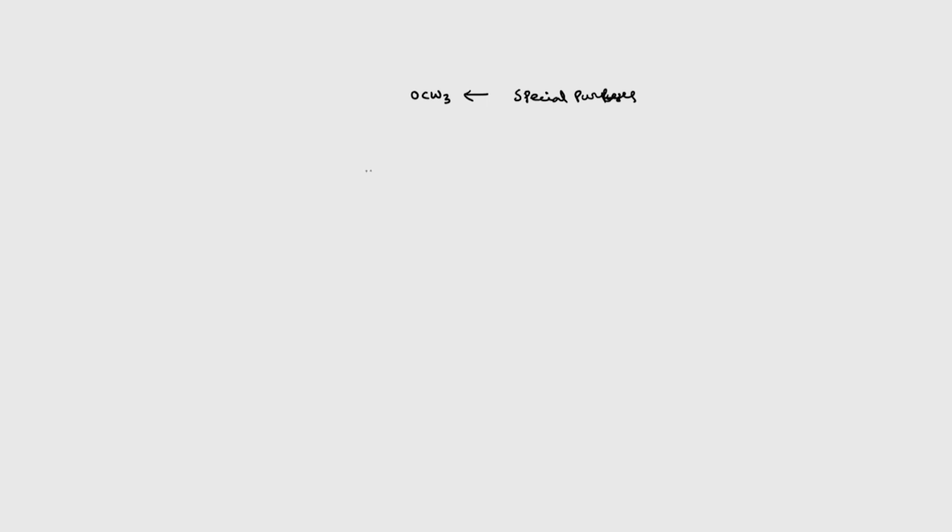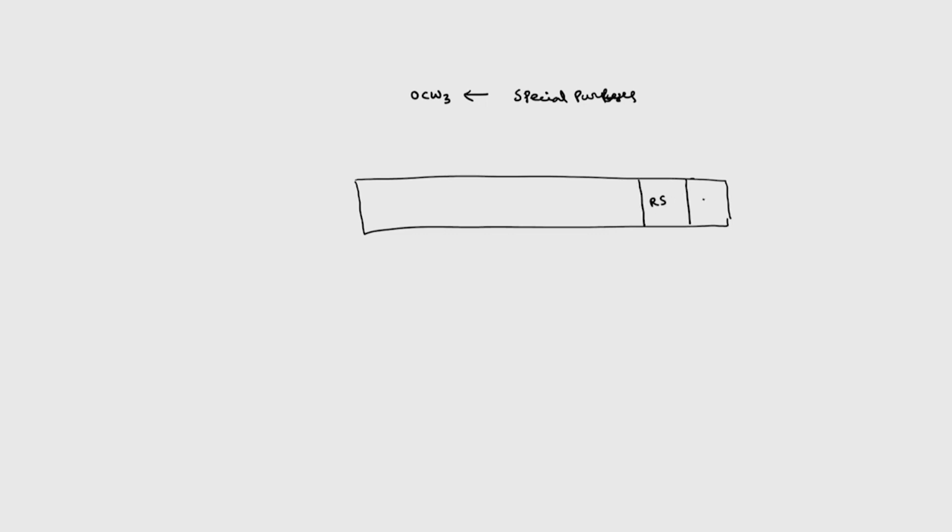In this, the format of OCW3 will be: this is PR, RS, then we have 0, 1 by default, then we have ESMM, SMM.